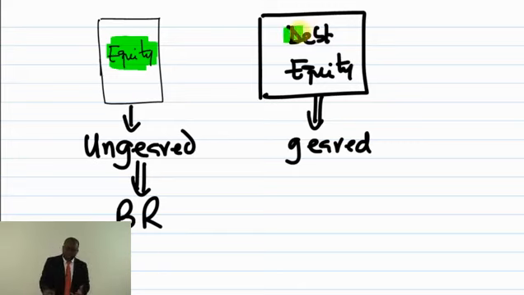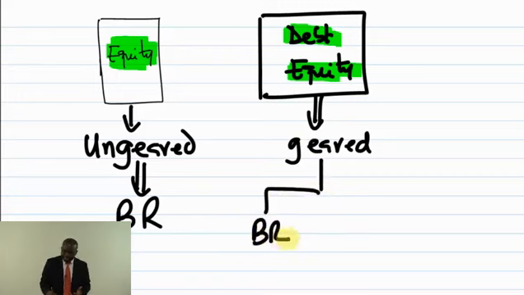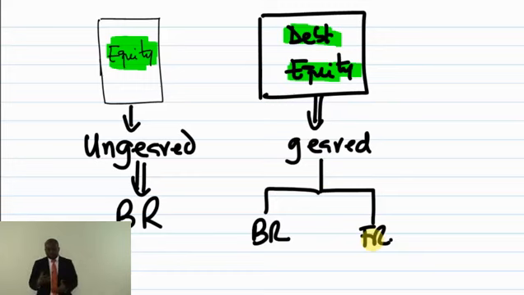If my company has debt and equity, because it has got debt and it is geared, that company will face business risk as well as financial risk. So this is what we said will determine your cost of capital. If I face only business risk, my cost of capital should compensate for only business risk. If I face both business and financial risk, my cost of capital should reflect both business and financial risk.